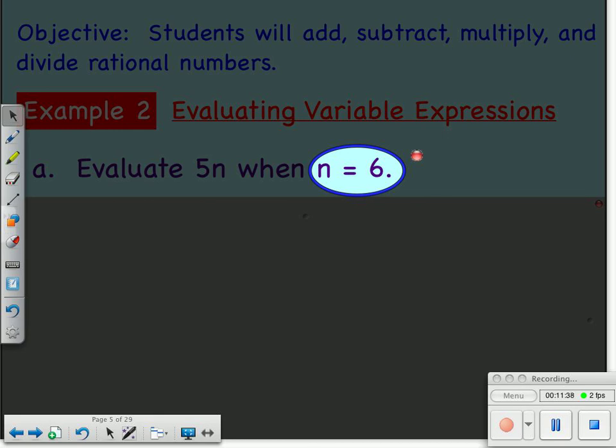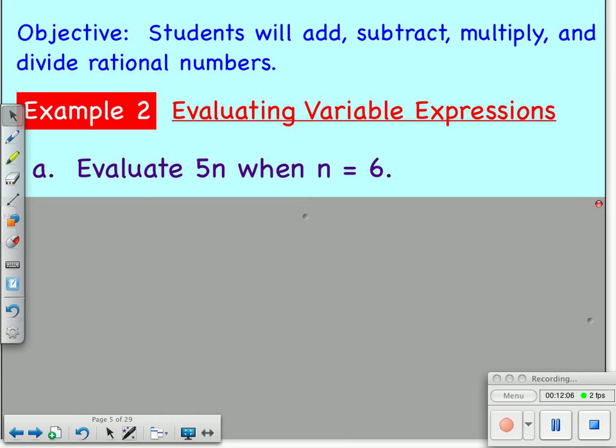The reason that I'm telling you this is because you will use a lot of substitution in pre-algebra this year. So we need to make sure right from the beginning that we understand this and that we know how to substitute a number for a letter, variable, when we have an expression or an equation. Okay? Let's get started on this one then.